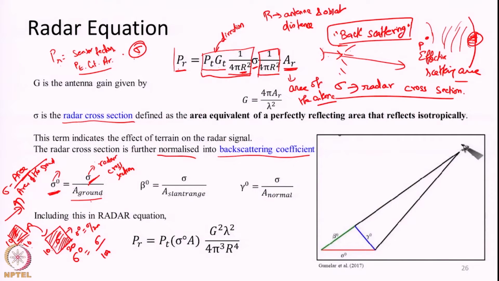We can also calculate the area of the ground in different directions. For example, a schematic is given here. If we use the actual horizontal ground area in order to normalize the radar cross section, we get sigma naught. Or if we use the slant range area itself, let us say this is the antenna, this is the ground, and the beam will be spreading like this.